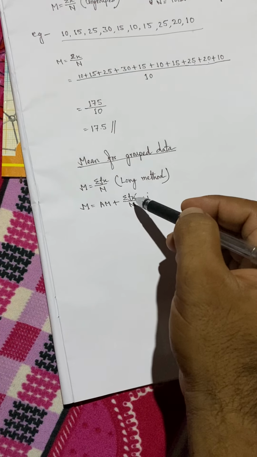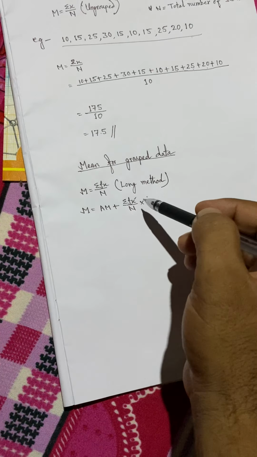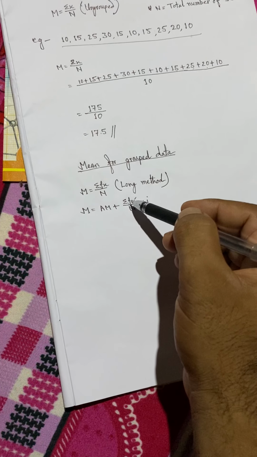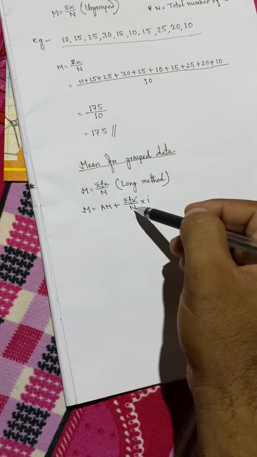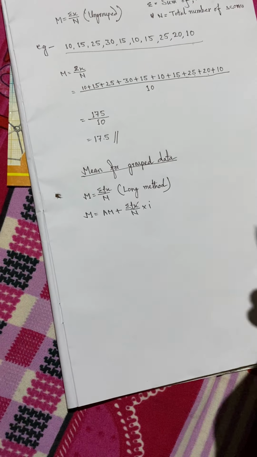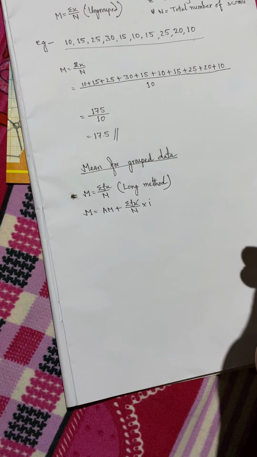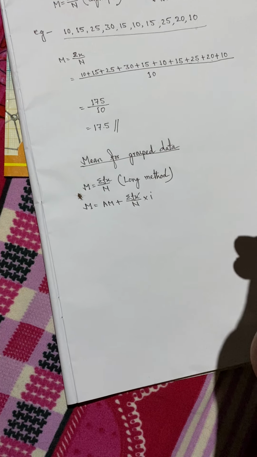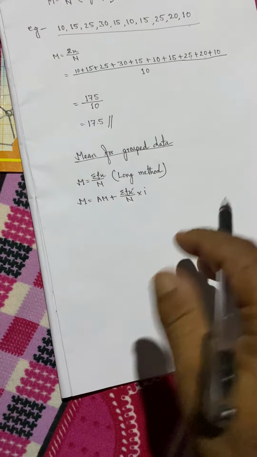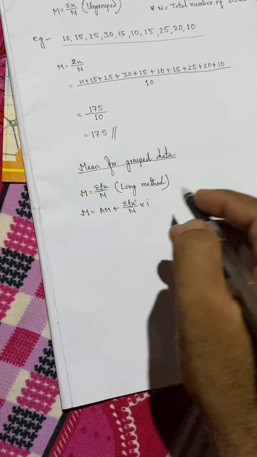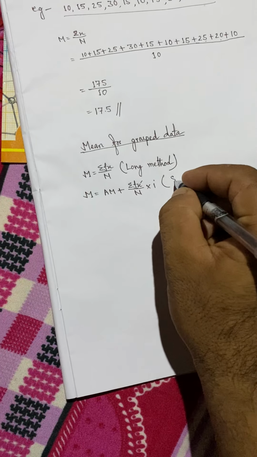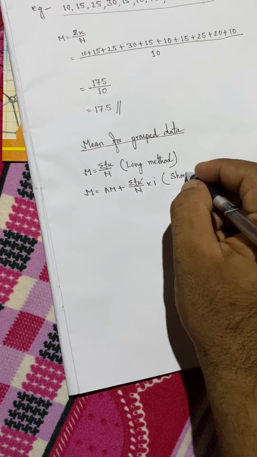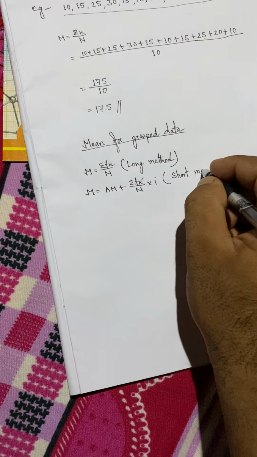This x dash is the symbol of deviation. F means frequency, n is the total number of scores, I means width of class interval, the length of class interval. Am means assumed mean. This formula is for the short method.